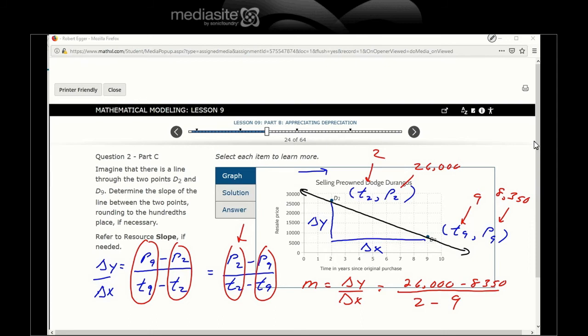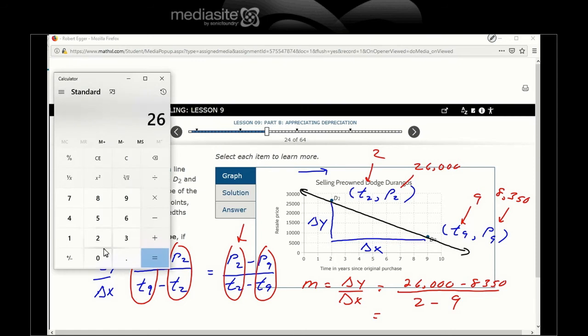So let's do our calculator here. 26,000 minus 8,350 is 17,650 over minus 7, or minus 2,521.43 dollars per year. Remember, also got to keep that in mind.